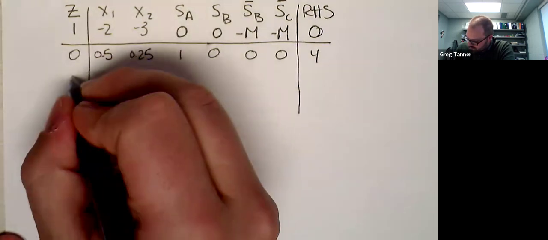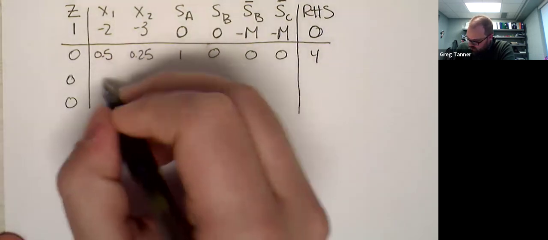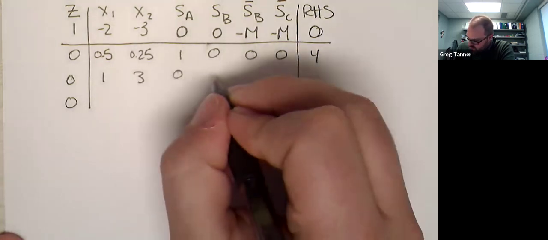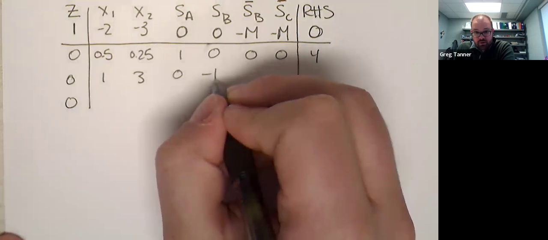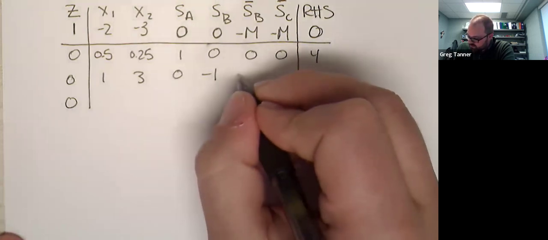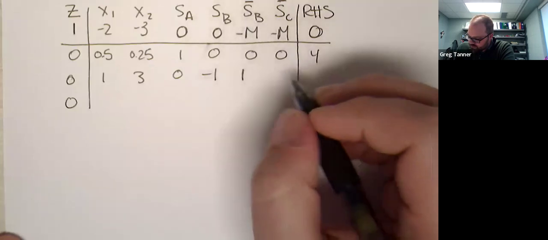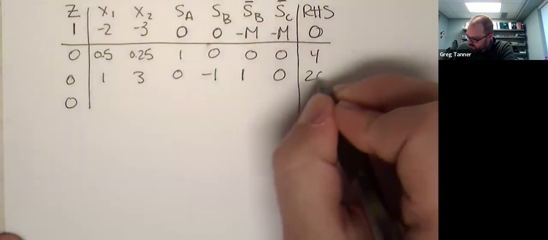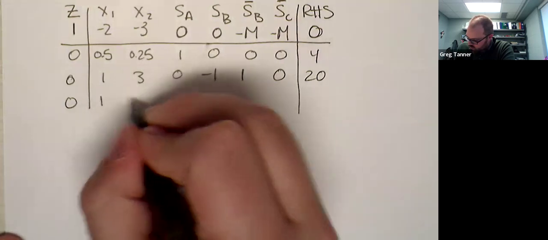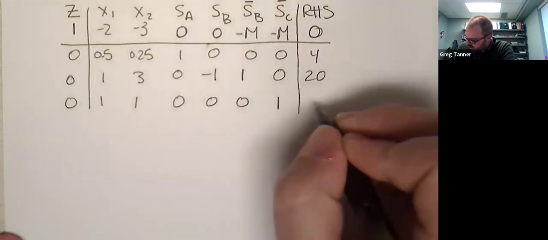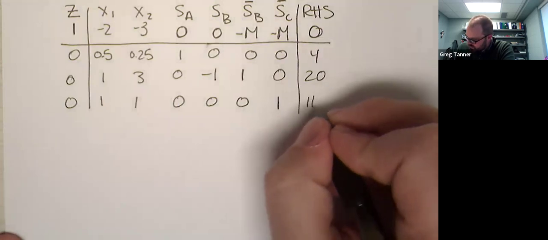It's going to have a 0 there, 0 here, 0 here. 1, 3, 0, minus 1 for SB, plus 1 for SB bar, the artificial variable, 0 and 20. And then 1, 1, 0, 0, 0, 1, and 10.